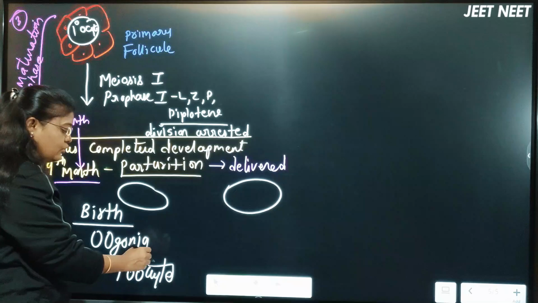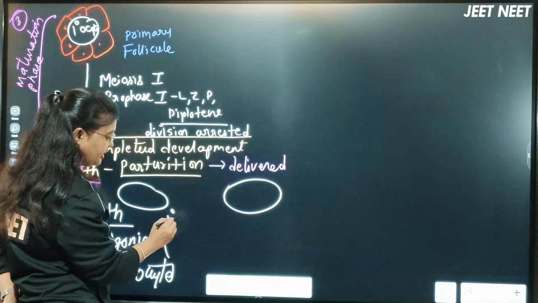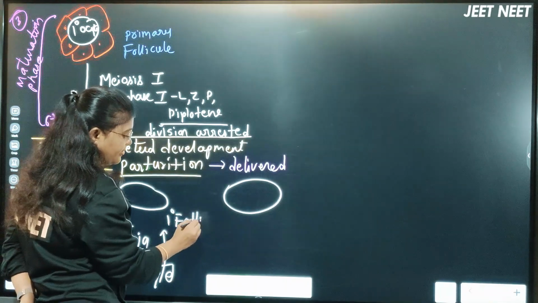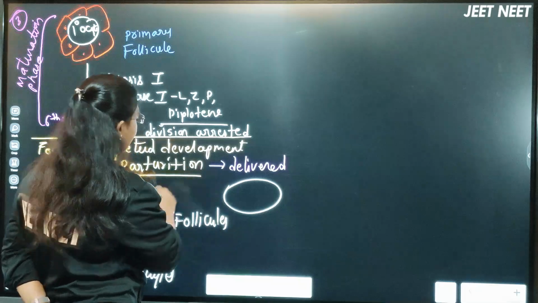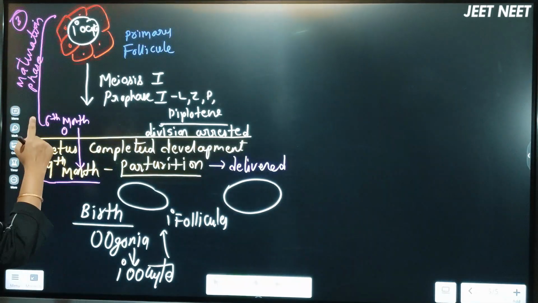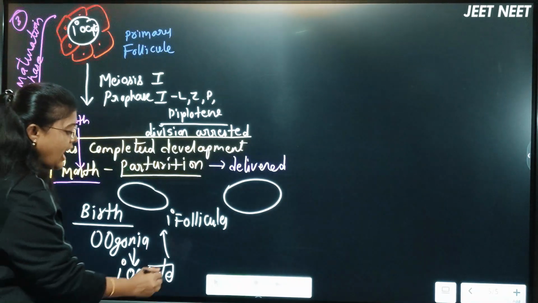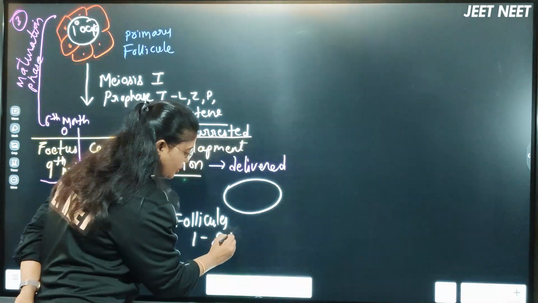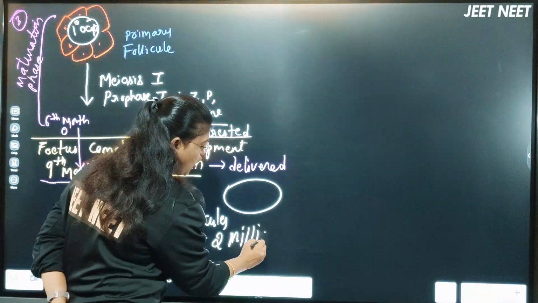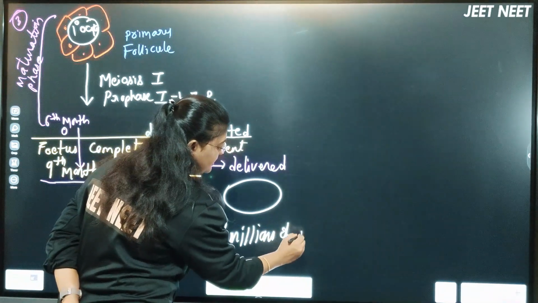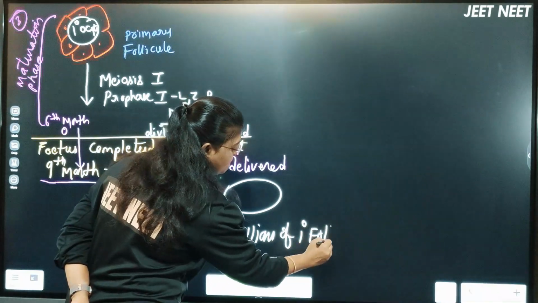These primary oocytes have now converted into primary follicles. In both ovaries the primary follicles will be present, around 1 to 2 million primary follicles.